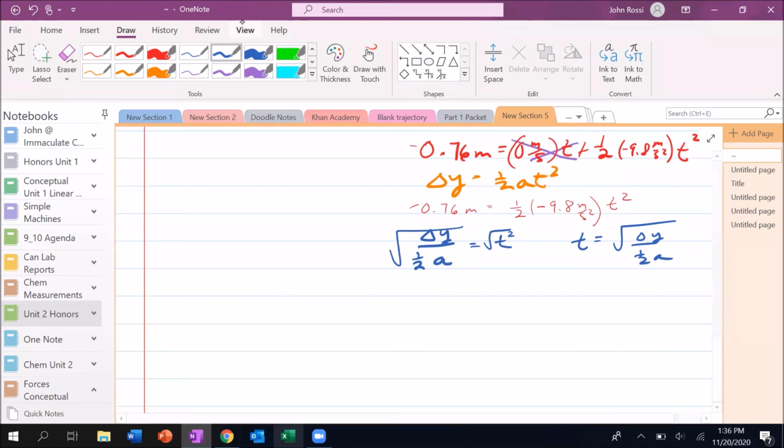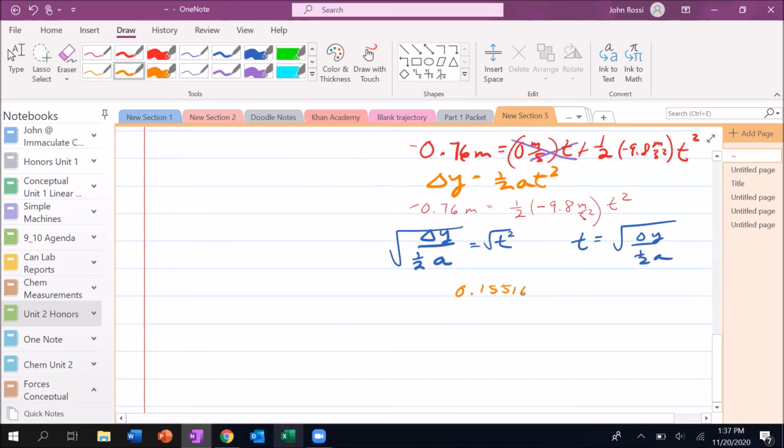So let's continue this. Negative 0.76 divided by 1/2 of negative 9.8 gives us this big decimal, and it's like 0.1551.